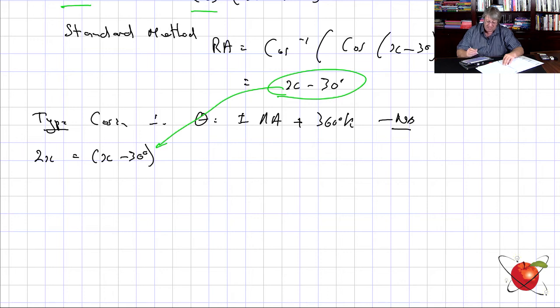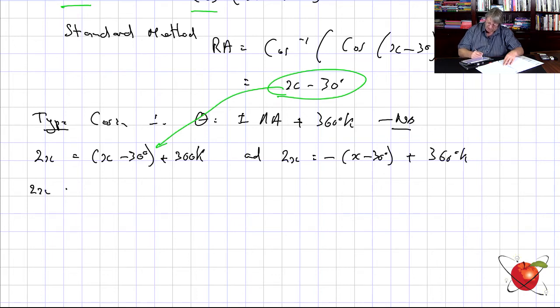I say x minus 30 plus 360k, and 2x is equal to minus x minus 30 degrees plus 360 degrees k.